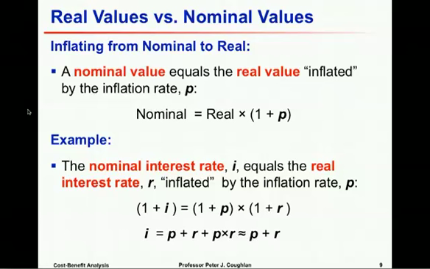But you're talking about multiplying like 5% times 5%, and 5% of 5% is 0.0025. It's a very small number. So we often approximate the nominal interest rate and say that it is simply equal to the inflation rate plus the real interest rate R. So I equals P plus R.